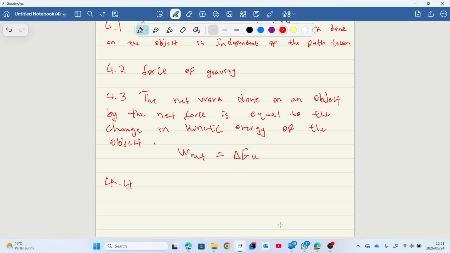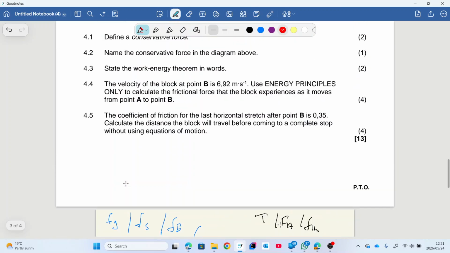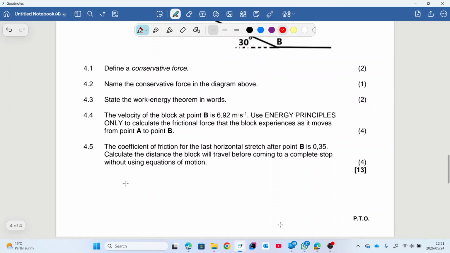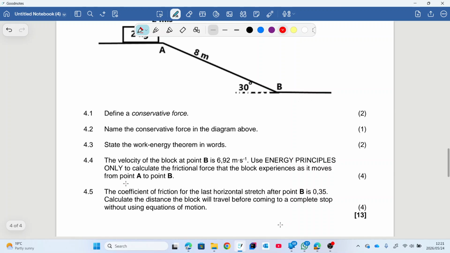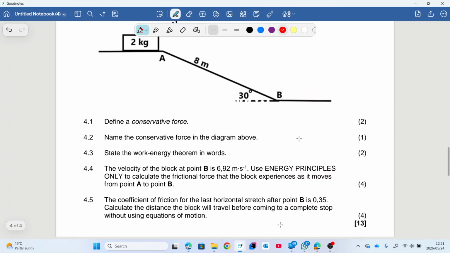Question 4.4. The velocity of the block at point B. So here, V final equals 6.92 meters per second.